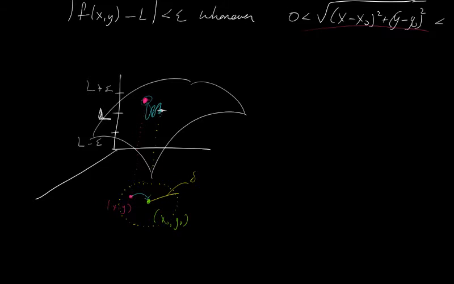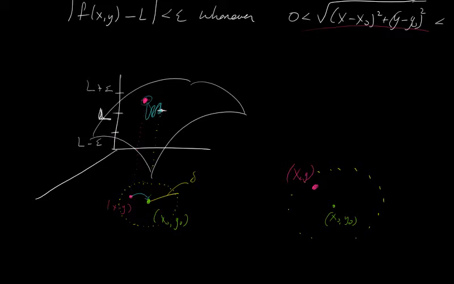So to get from, I'm going to redraw this, but to get from my point x, y to the center of my disk here, x naught, y naught, I have so many different ways I can go. So first of all, one thing I can do is I can say, well, here's my point x naught, y naught right here, or x, y rather.